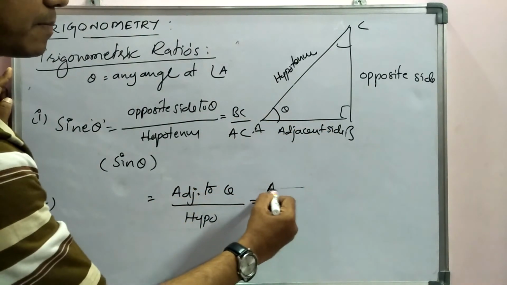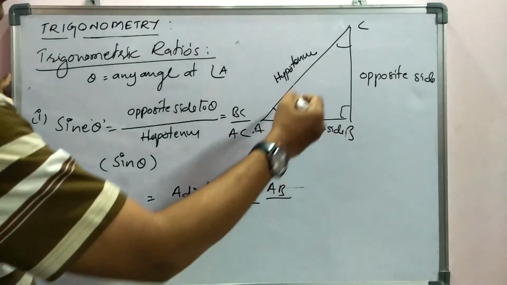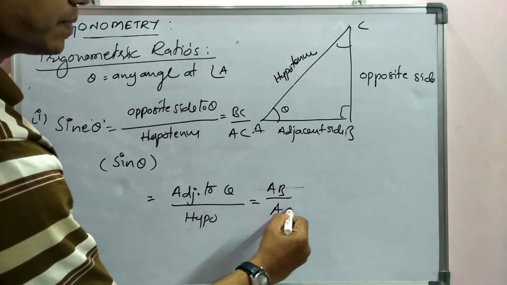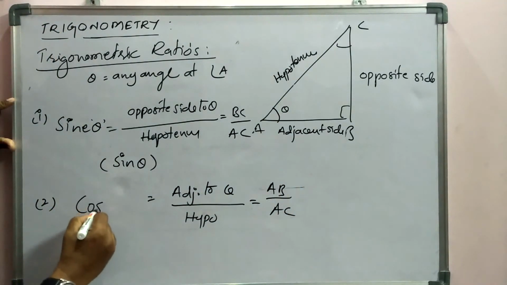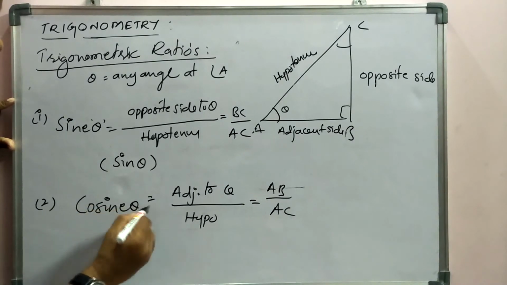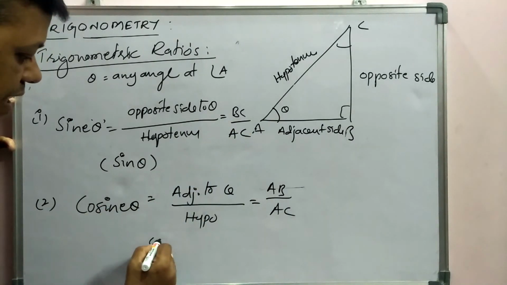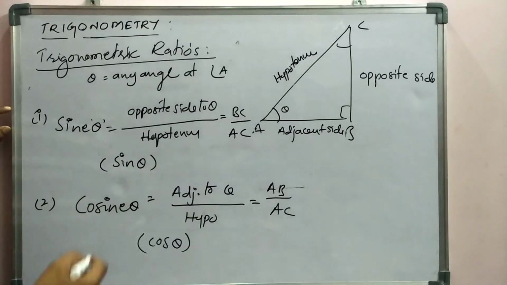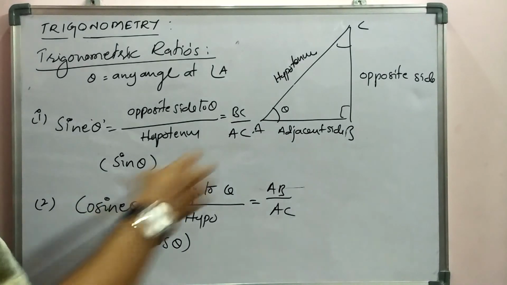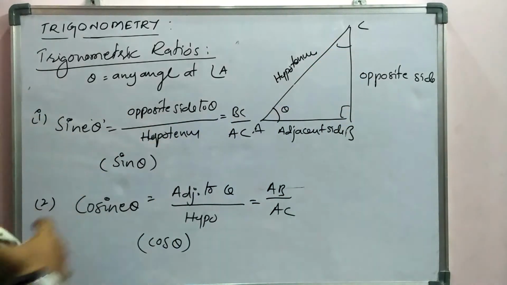That is AB, by hypotenuse AC. This ratio is given the name cosine of theta. In short form we write cos theta. So the first ratio is sin theta and the second is cos theta.